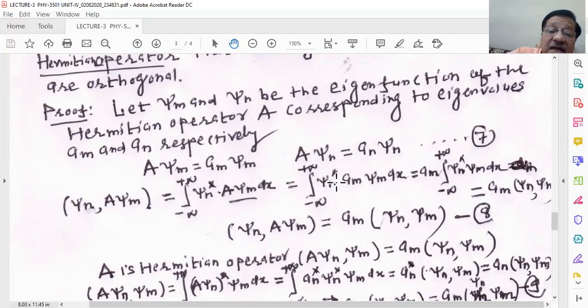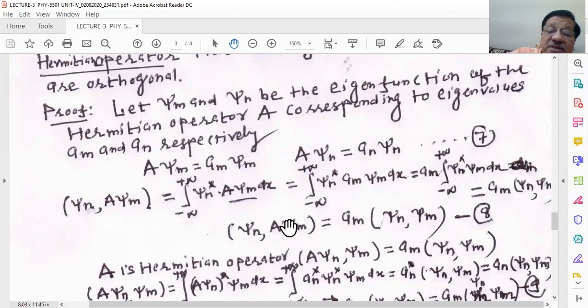Am is the eigenvalue, taken outside, and the integral is nothing but the scalar product of psi n with psi m. So I write the scalar product of psi n, psi m.